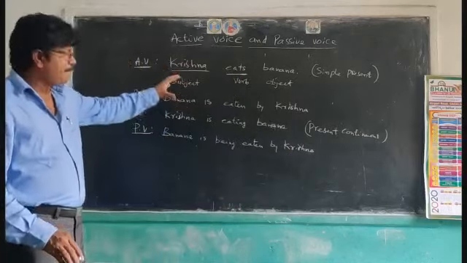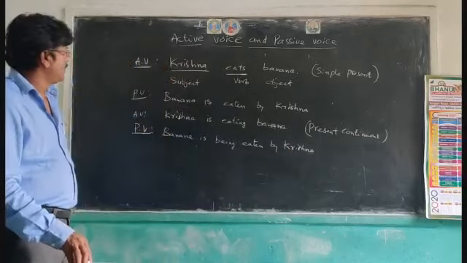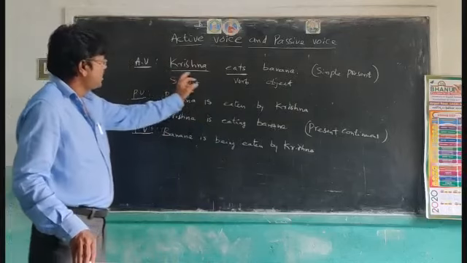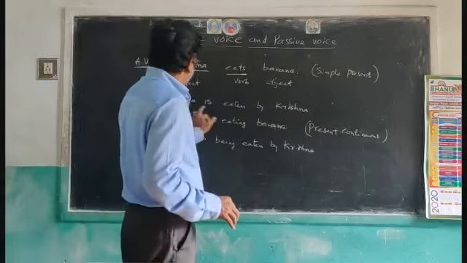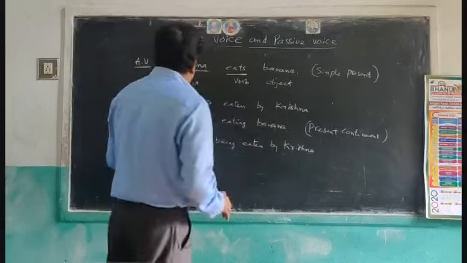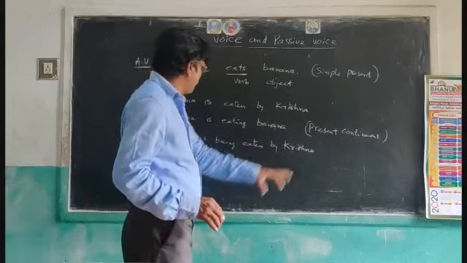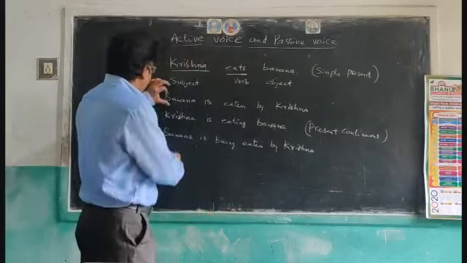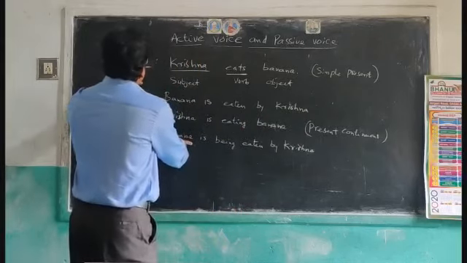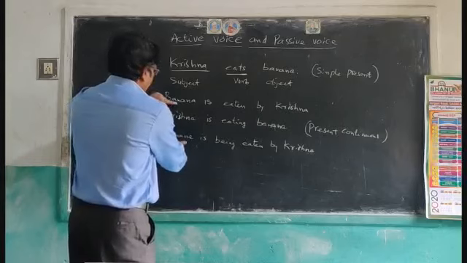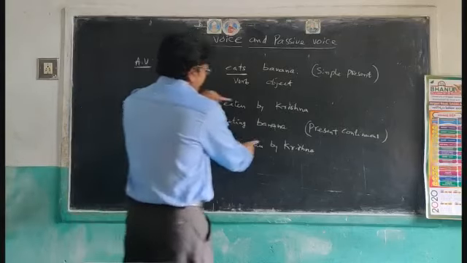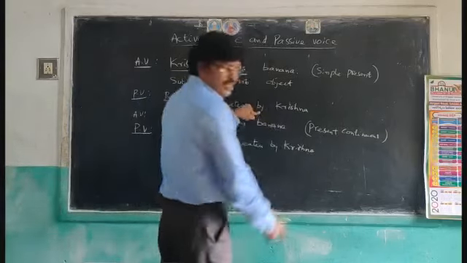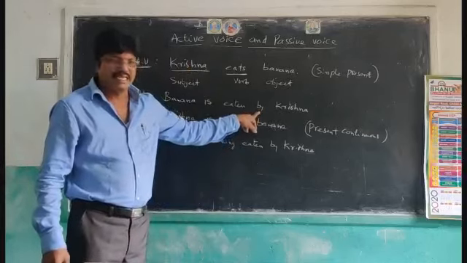Once compare these two sentences. Krishna eats banana. Banana is eaten by Krishna. Krishna is eating banana. Banana is being eaten by Krishna. Banana and by Krishna are the same.